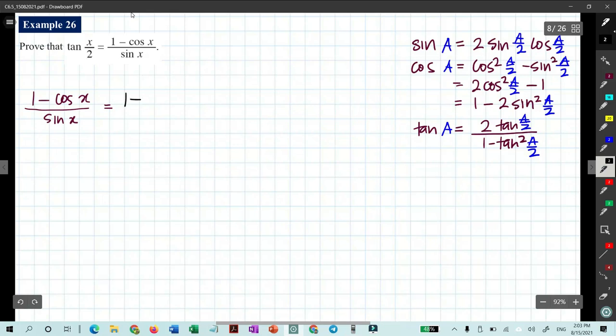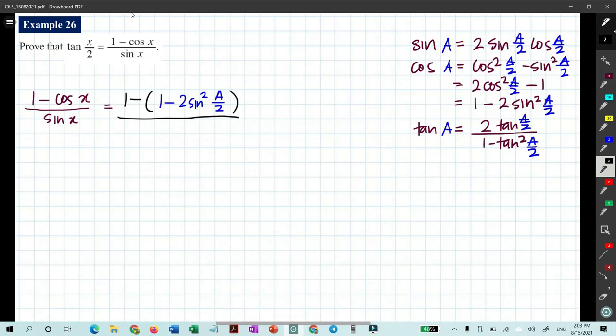So 1 minus 2 sine square a over 2, divided by, and I'm going to replace this sine x with the sine rule, which is going to be 2 sine a over 2 cos a over 2.